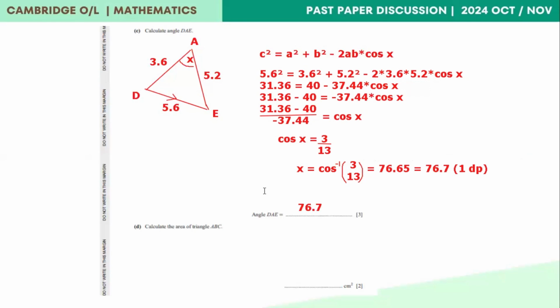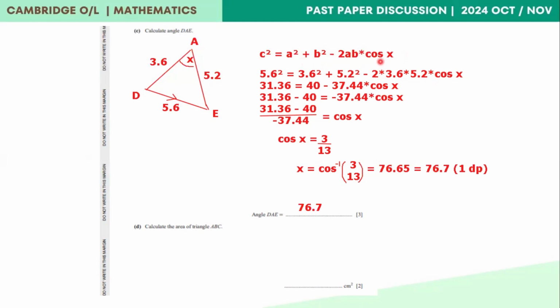So recapping, firstly we identify the angle we are looking for. Then we know that it's a non-right angle triangle, which means we are supposed to use trigonometry 2. Here we had three known lengths and one unknown angle, so we use the cos rule.